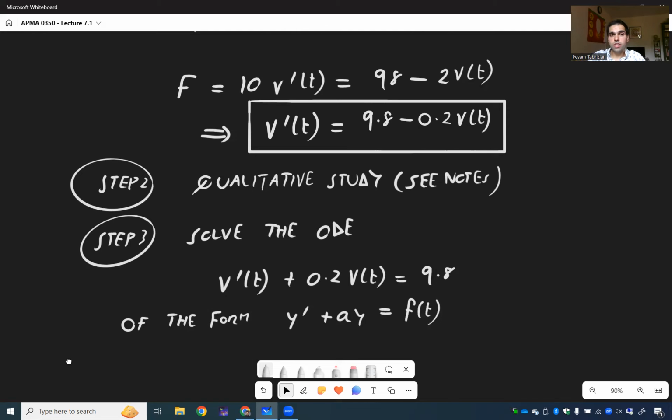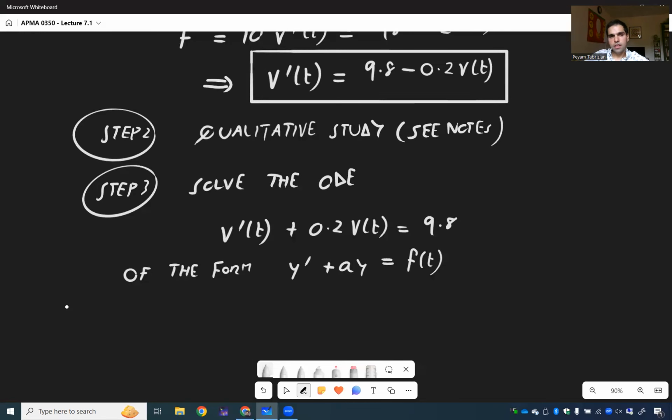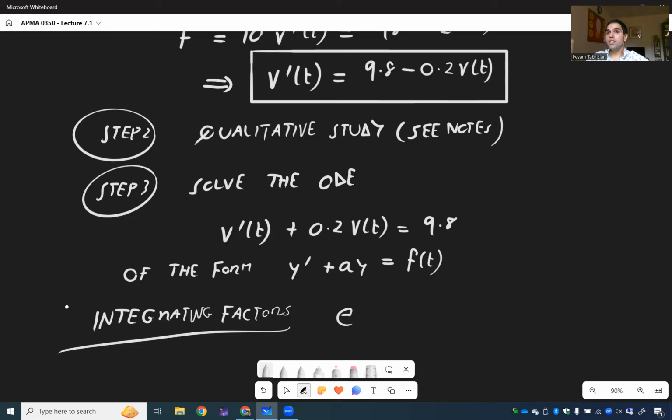So let's just use the integrating factors method. But I do want to mention, we can also use separation of variables. So here, not even e to the integral of p of t, just e to the at, which is e to the 0.2t.